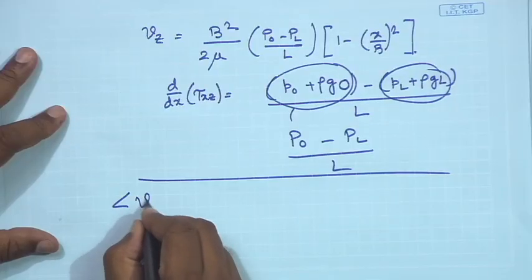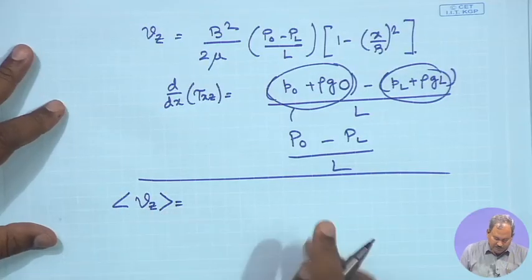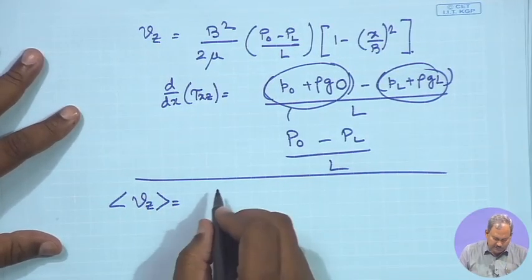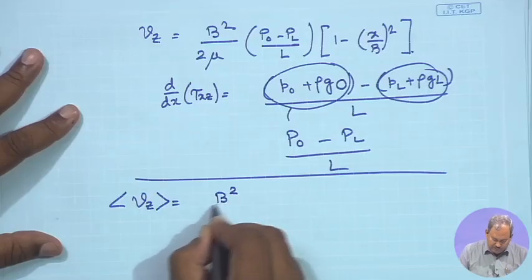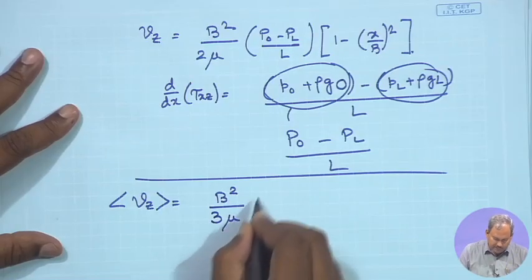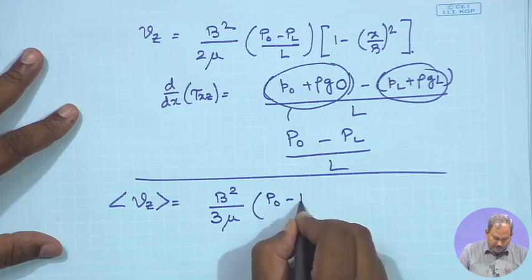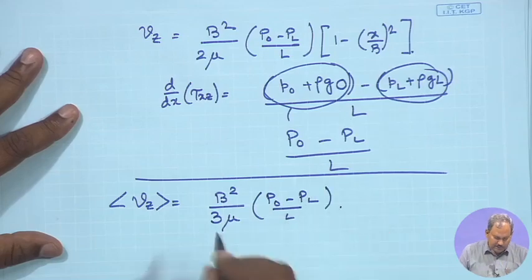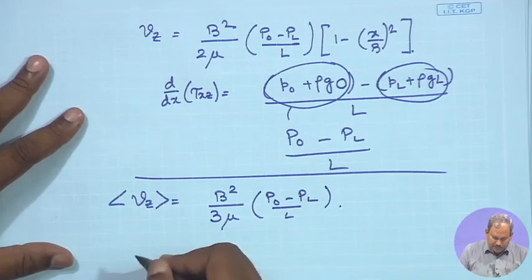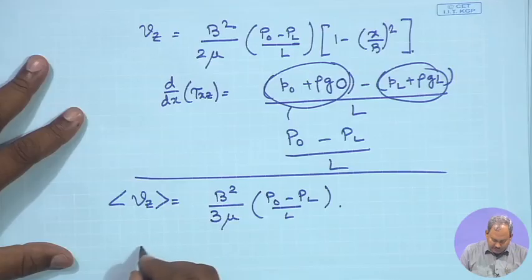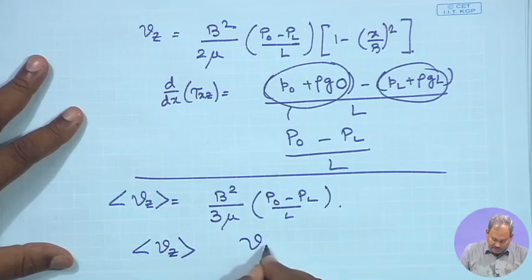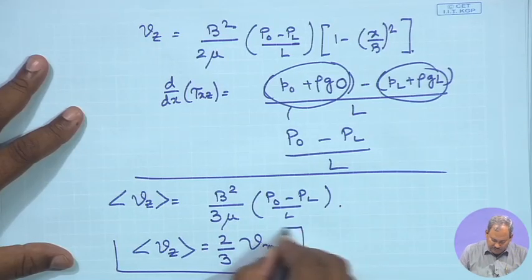Once you obtain the expression for V z, you can obtain an expression for average velocity, which should turn out to be, this is for you to check again, P 0 minus P L by L. I would also like you to find out what is the relation between V z and V max, and if you work out, you would see that the relation is going to be this.